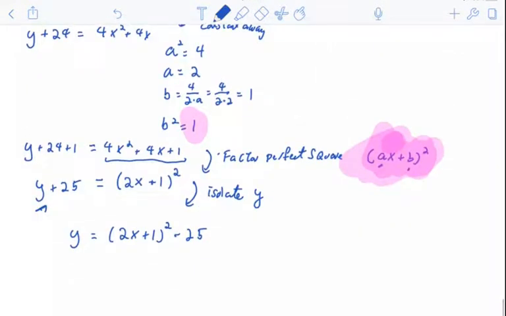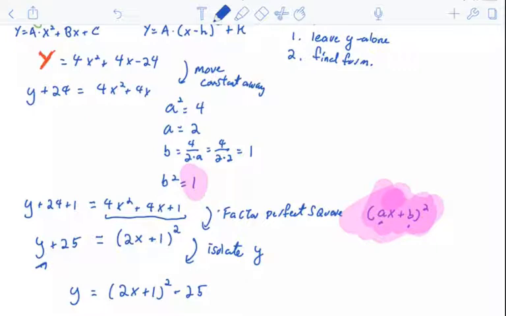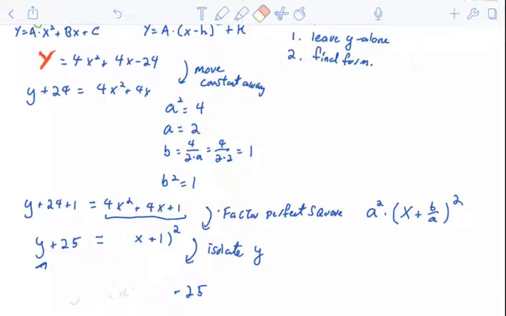So instead of using this particular form, we're going to rewrite it in an equivalent one that looks like this: a squared times x plus b over a, all squared. This involves essentially exactly the same thing. Watch. We're essentially just filling in the blanks based on the data we already have. But it gives you an expression that looks like this.